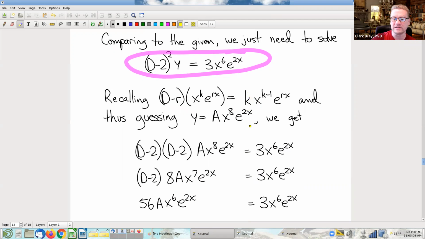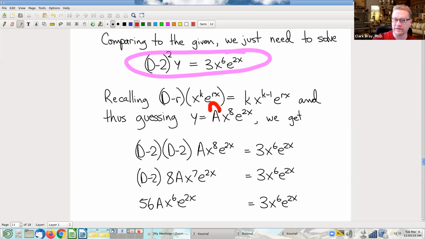So on the basis of the fact that the power of x goes down by 1, we're going to speculate: how many powers of x do I need in order to ensure that after 2 of them are killed, I get 6 left over? I probably need 8. Right? So that's the thinking there.